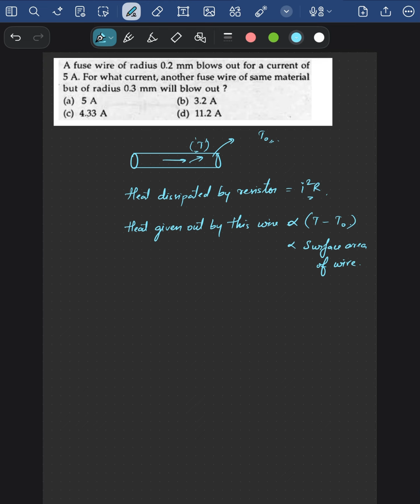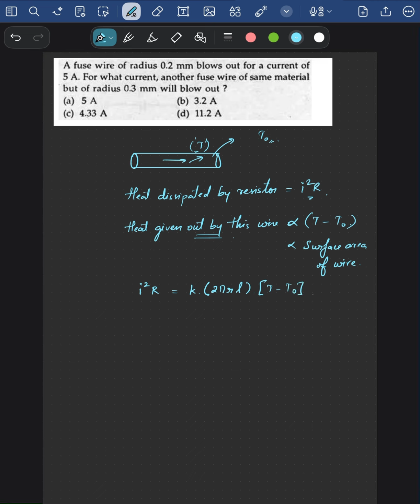In equilibrium, the heat going into the wire should equal the heat going out. Taking the proportionality constants together, the heat given out is K into surface area, which is 2 pi R L, into T minus T naught.